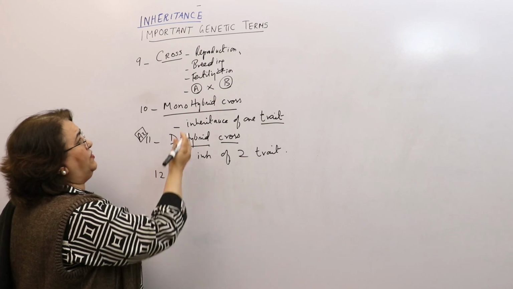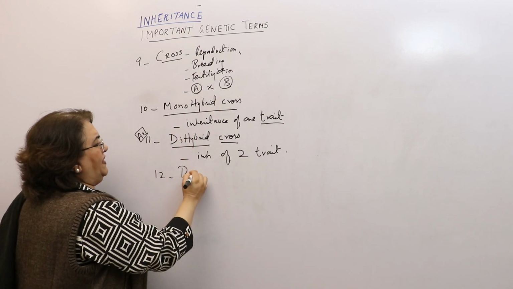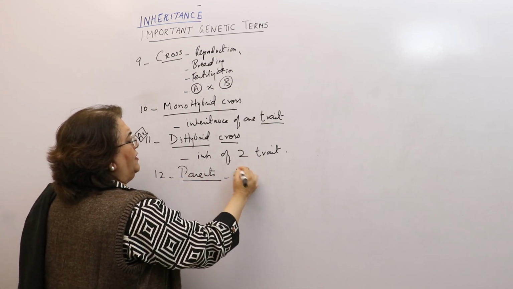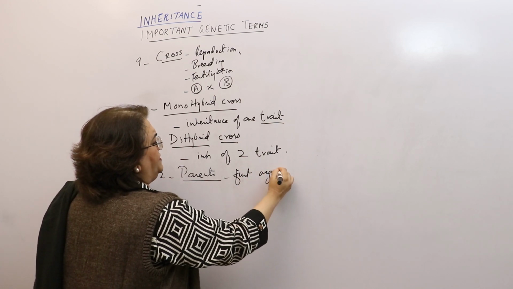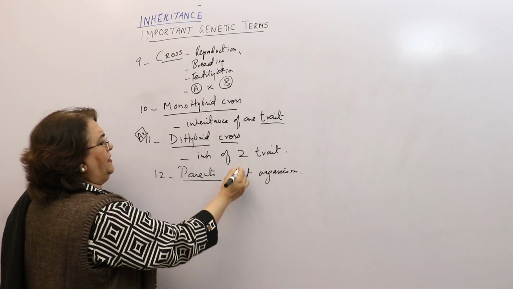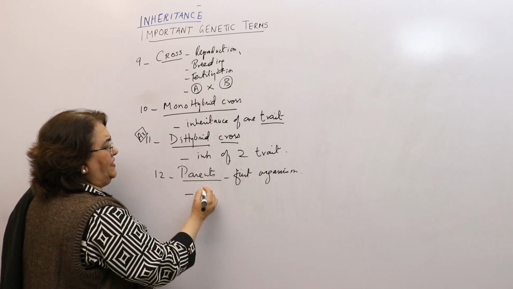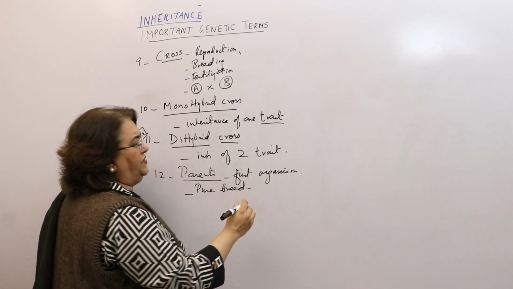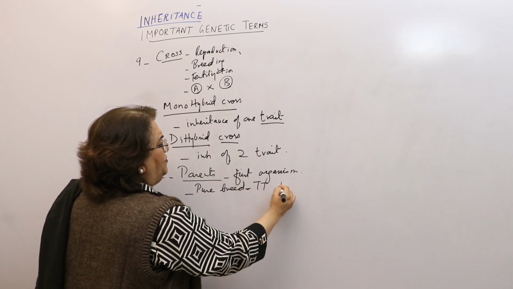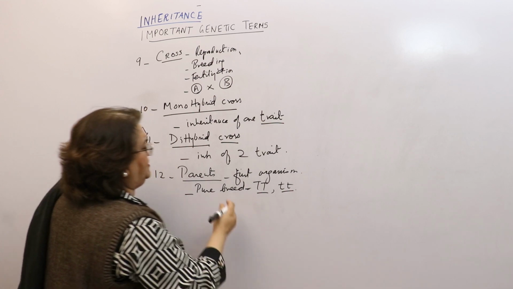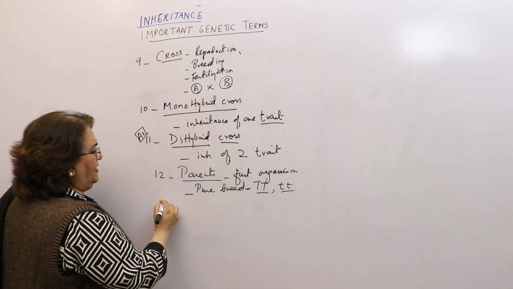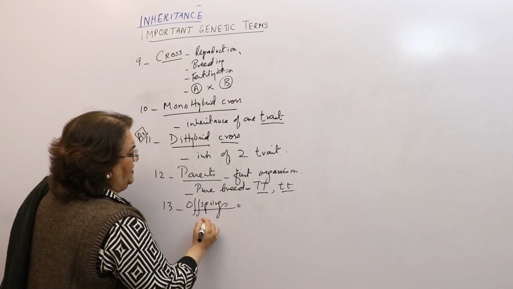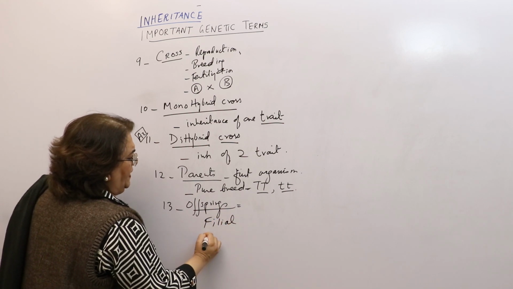Whenever we say crosses, we like to mention the organisms as parents. Parents are the first organisms that we want to study, and they are taken as being of pure breed. Pure breed means that both the alleles will have to be identical in them. When parents are crossed, we get what are known as offspring. Offspring can also be written as filial 1 and filial 2.